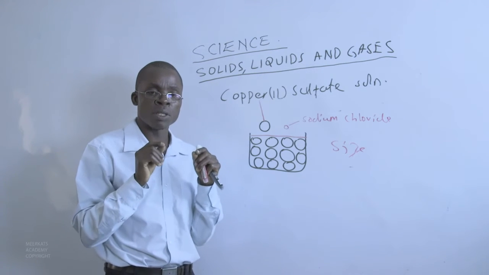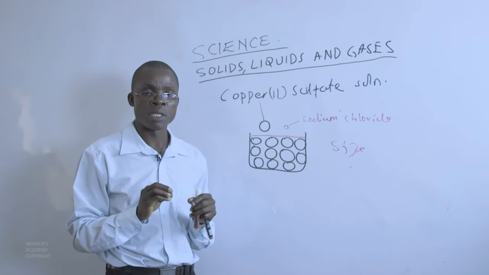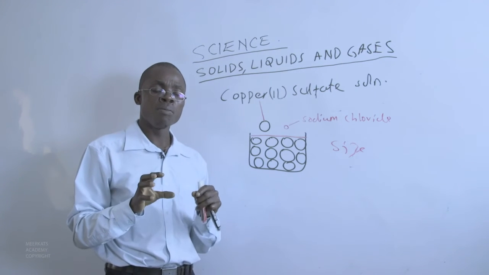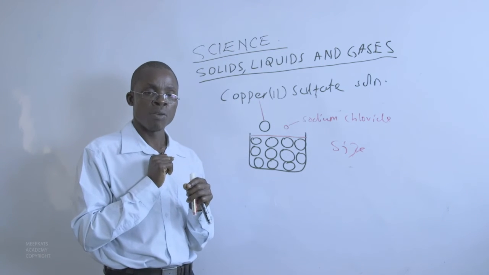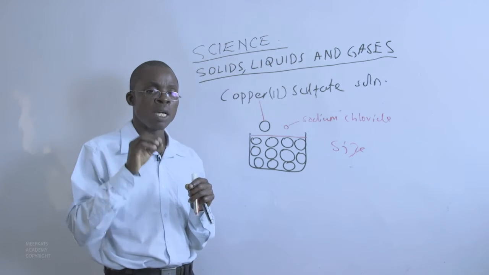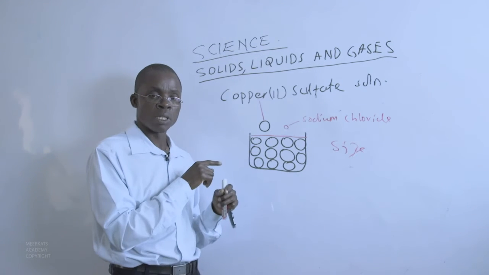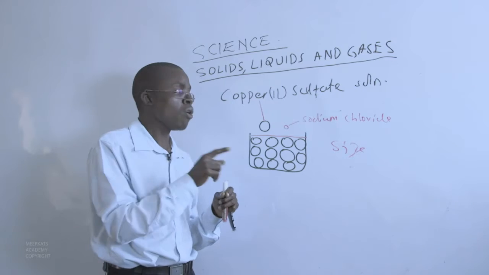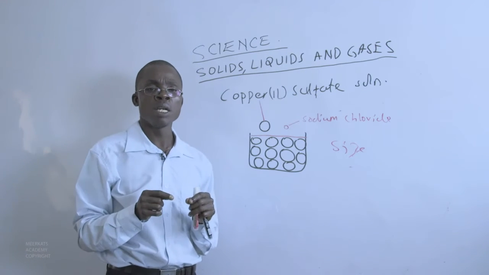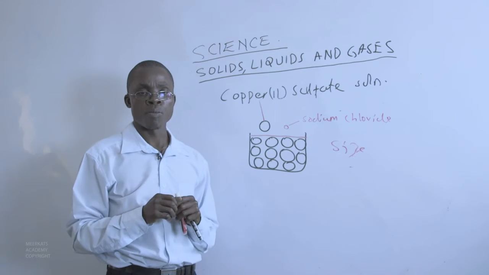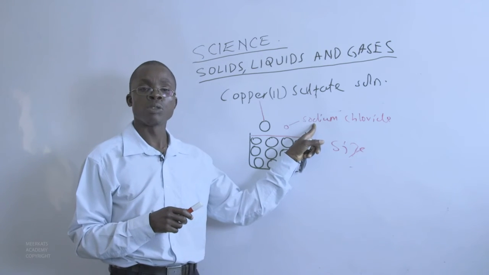Even if in a saturated solution we have said that all the spaces have been filled, they have been filled for that particle of that particular size. But for a particle that is smaller, there is a lot of room. And that is what the sodium chloride uses.